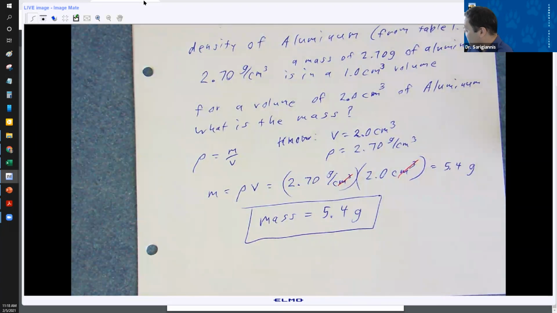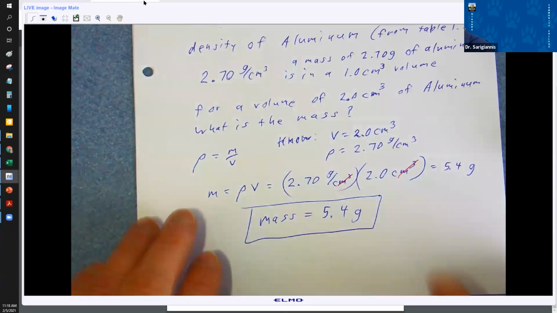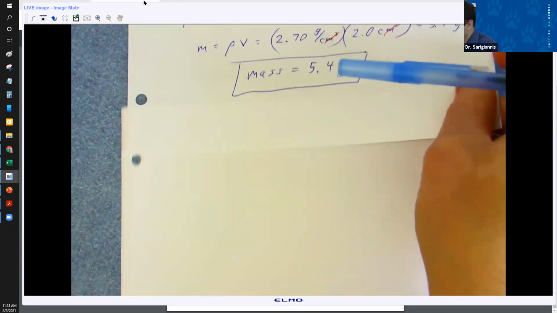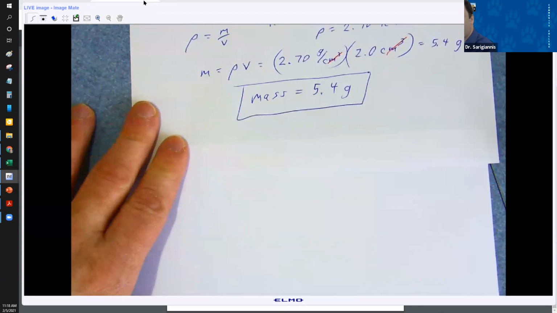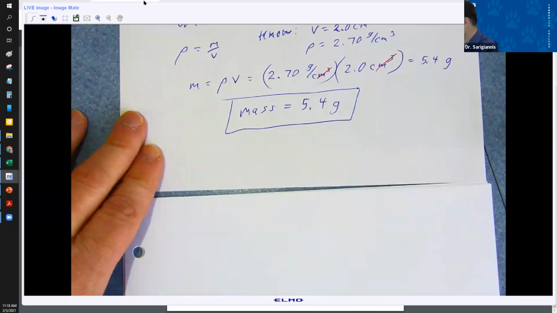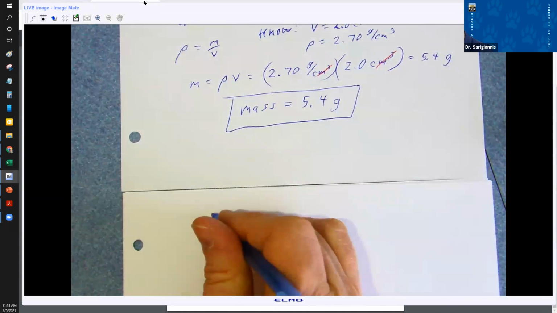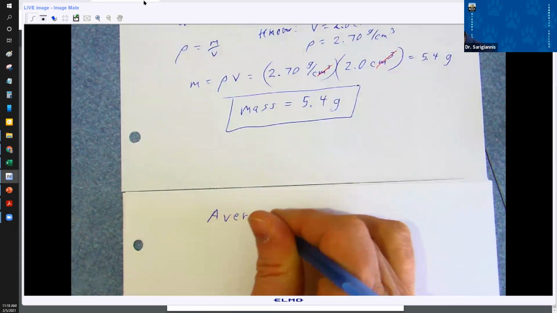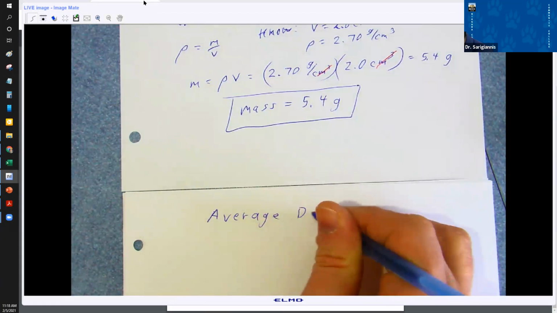And let's see. So these are some average densities. Let me move this up and start a new page. That table 1.3 is densities of common materials. Let's talk about something called average density, because you'll hear that.